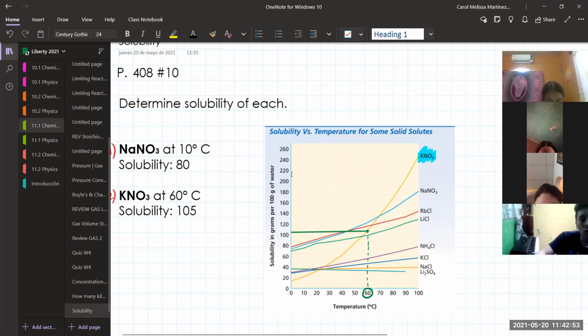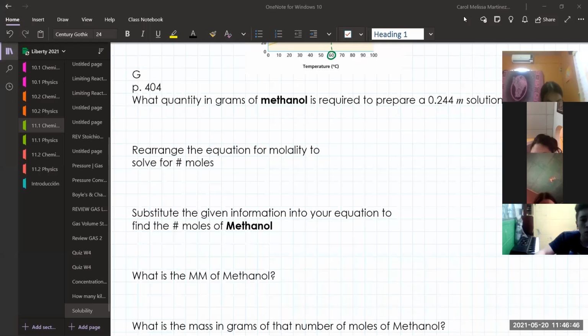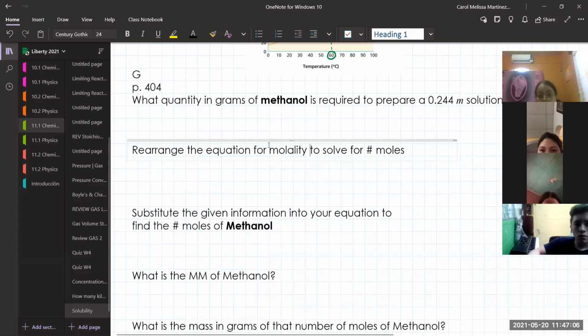Now about the other one, let me see because I didn't read the other question. What quantity in grams of methanol is required to prepare a 0.244 molal solution in 400 grams of water? Because we are talking about molal concentration, it means that we need to use the equation for molality.